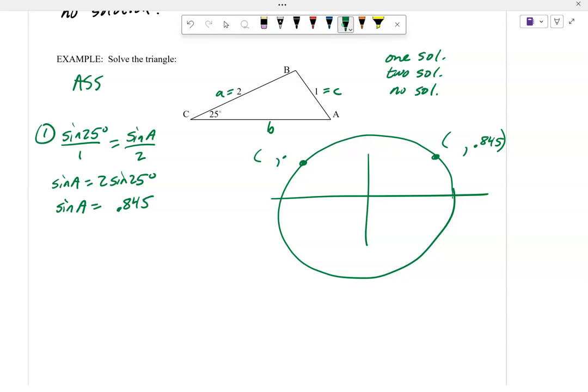Two spots where it could be. The sine of A is 0.845, so it could be that alpha, or it could be the beta. When I run the arc sine, it's only going to give me the alpha.